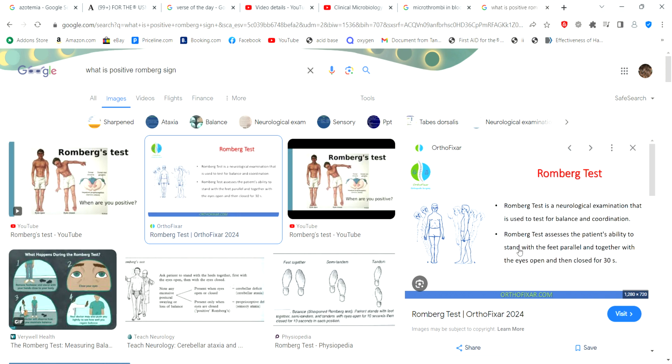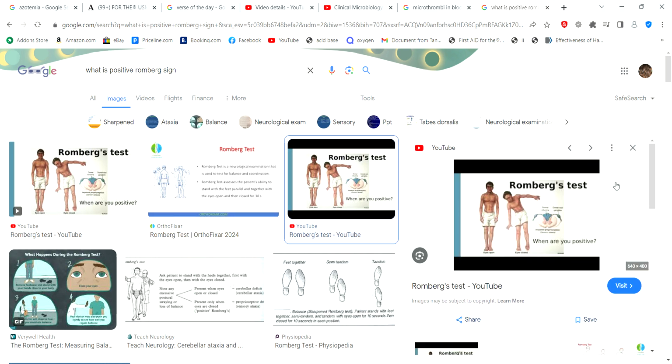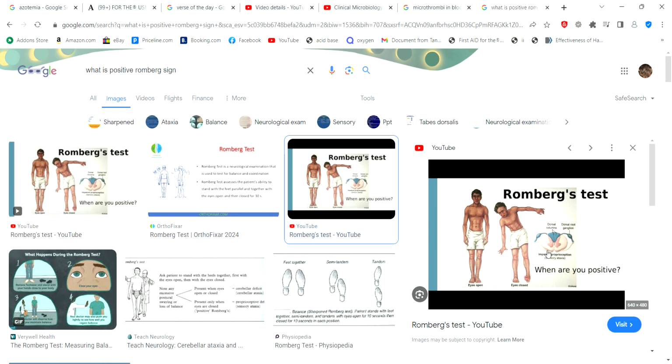It assesses the patient's ability to stand with the feet parallel and together, with the eyes open and then closed for 30 seconds. Basically, you're testing their balance.